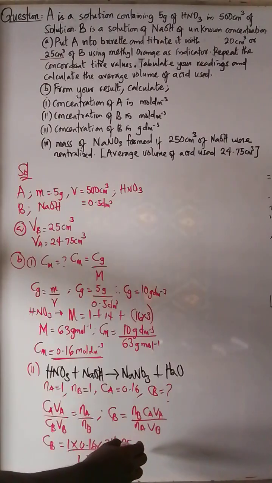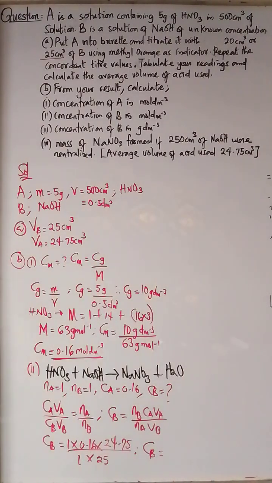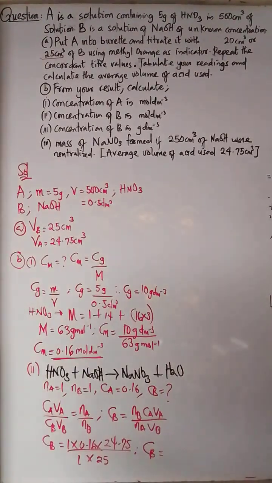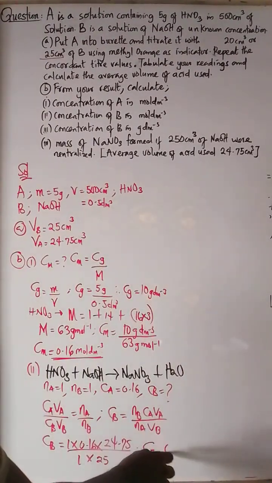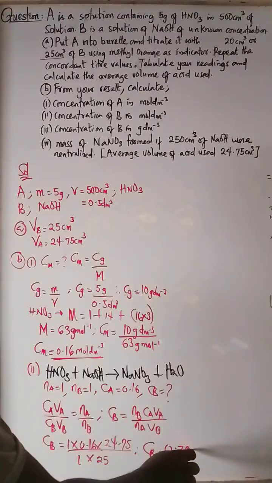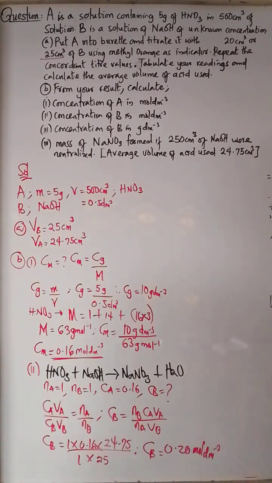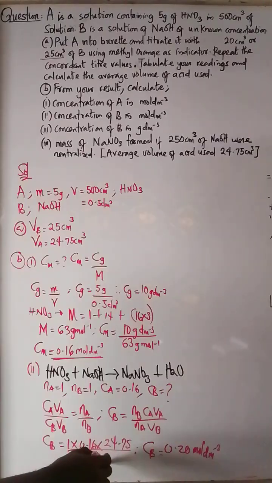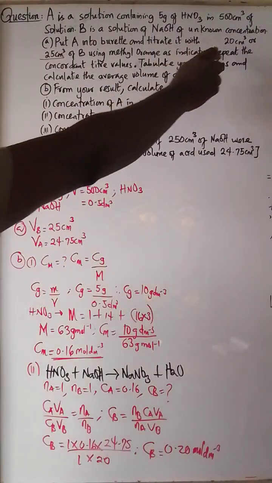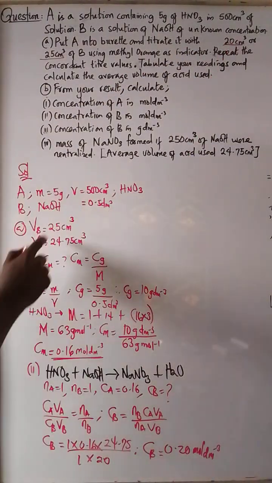So from here, the concentration of B in mole per dm cube will be 0.20 mole per dm cube. But this time around, we decided to use 20 instead of 25 because the question says 20 or 25. For some reason, our practice used 20.